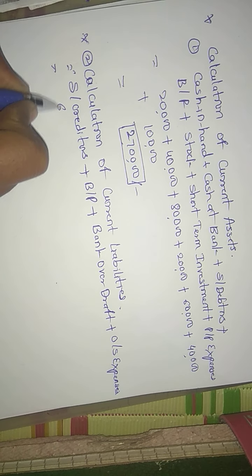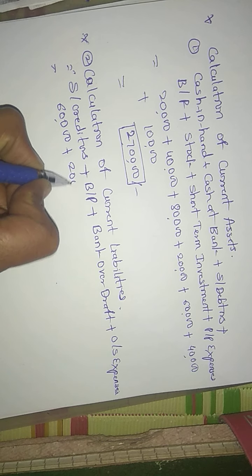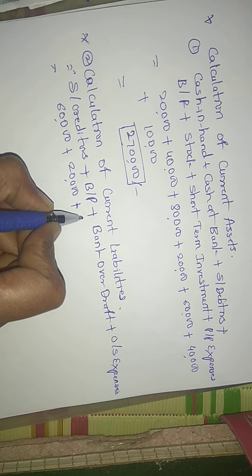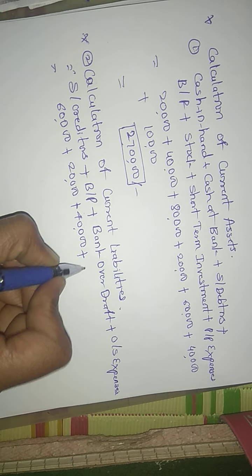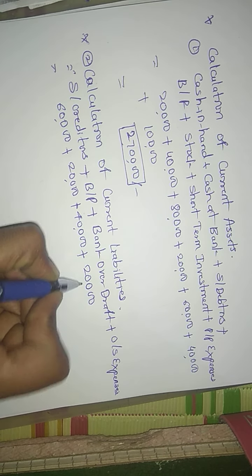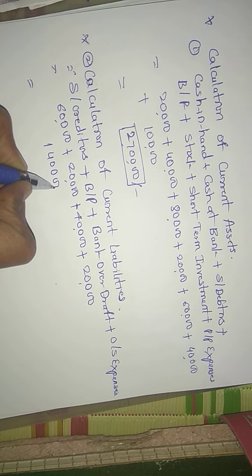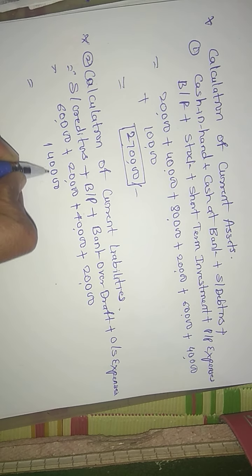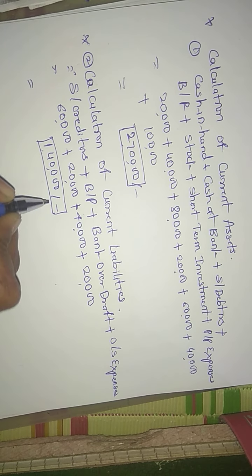Then sundry creditors amount is 60,000 plus bills payable amount is 20,000 plus bank overdraft amount is 40,000 plus outstanding expense amount is 20,000. Okay, by adding these items we get 1,40,000. Okay, 1,40,000 is the current liabilities amount.